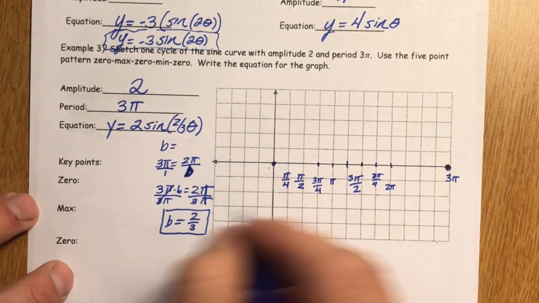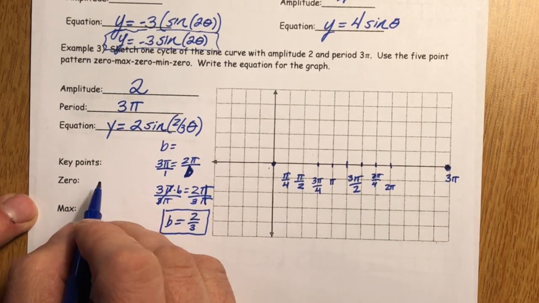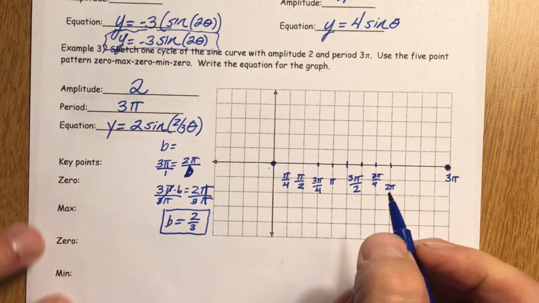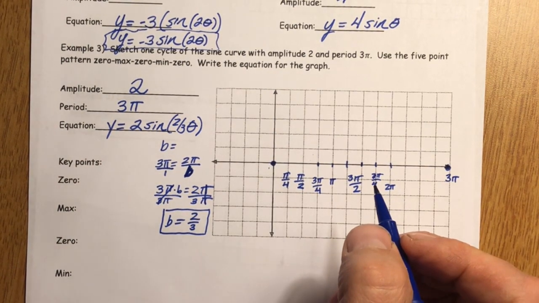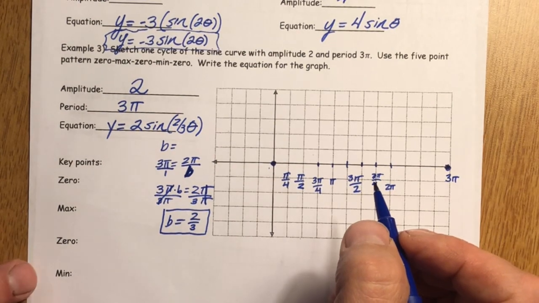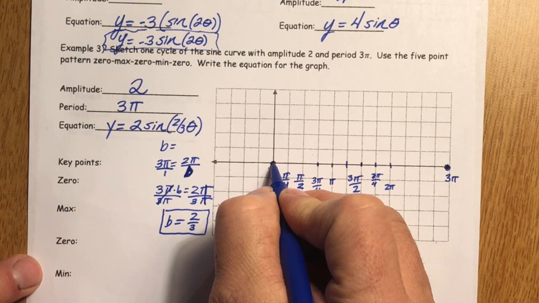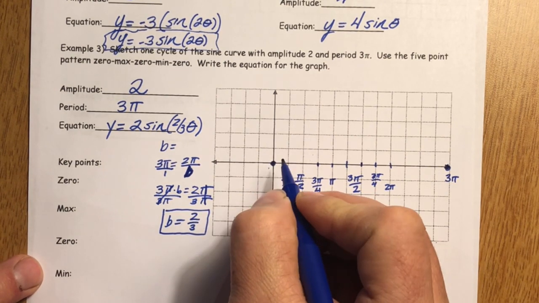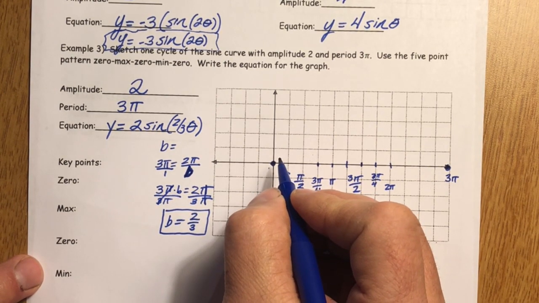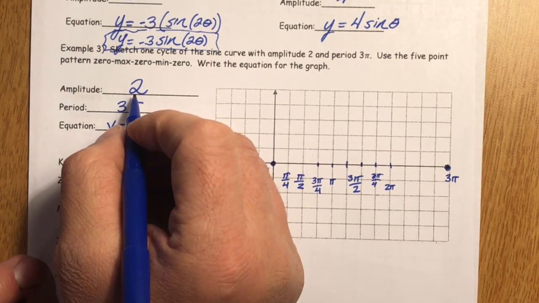All right, so now, look at my key points here. We're going to start at 0, 0. And I'm going to go up. Remember, my amplitude is 2.